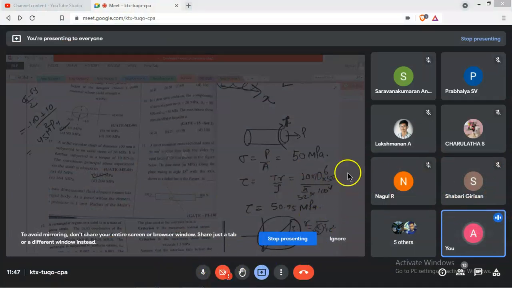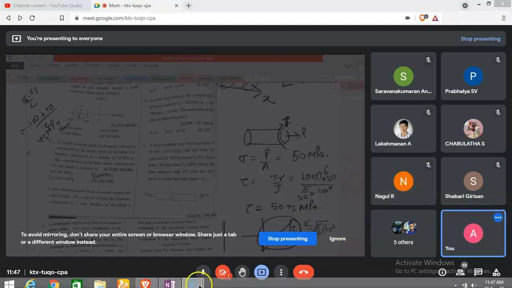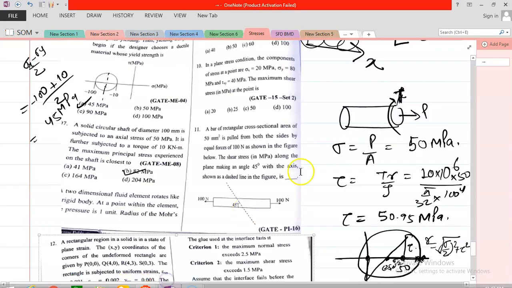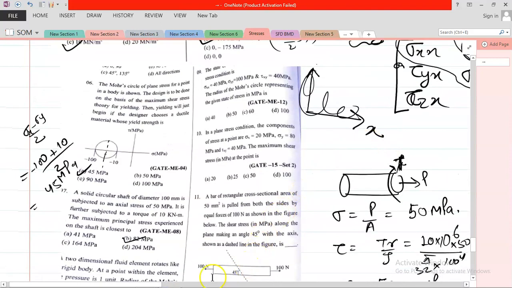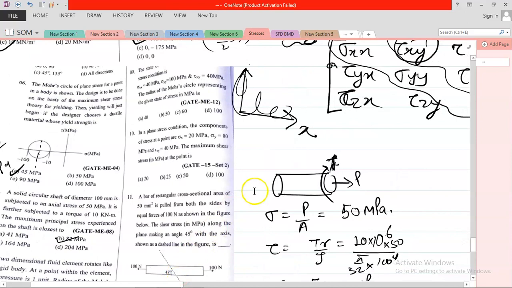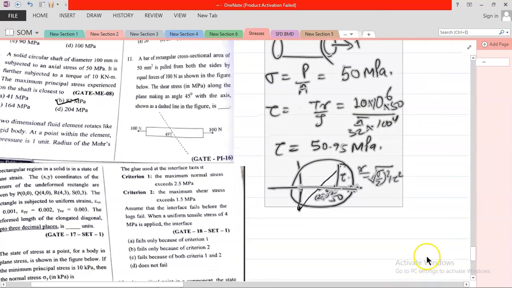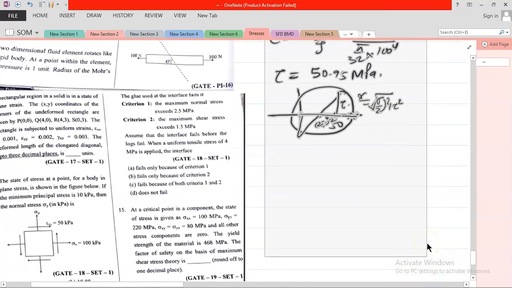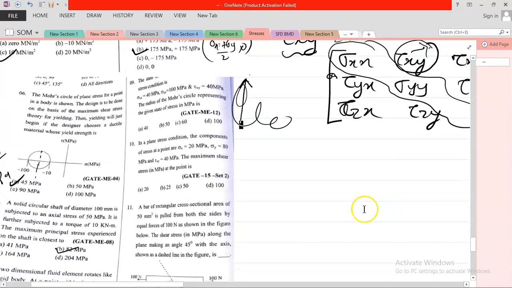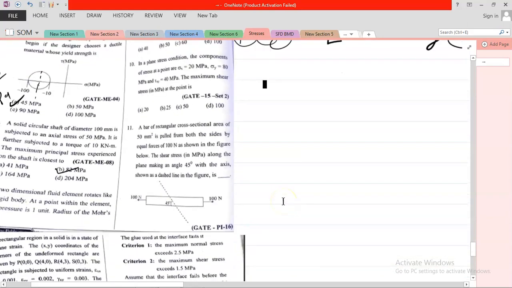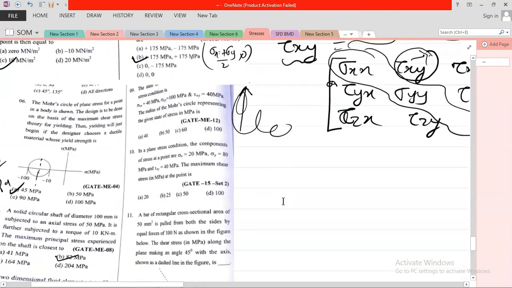Please respond, someone, if it is okay going with this speed or if you have questions. So now the next question, because no one is responding, I don't know.